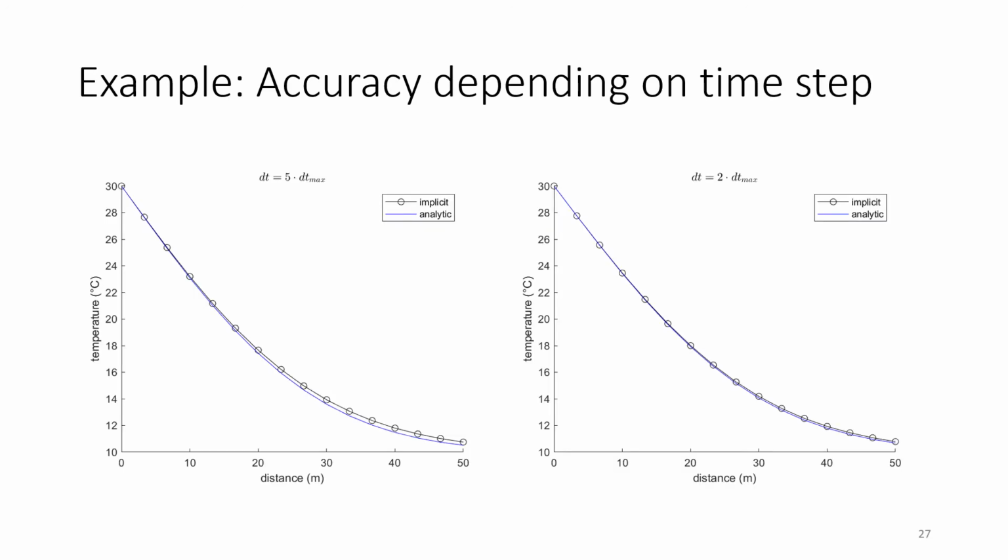So here you're seeing a bit of dependency of the accuracy on the time step. And I just used an implicit and an analytical solution. So it is stable, right? We don't need to worry about stability. And you see here, I took as a measure 5 times the stability criterion for an explicit solution. And you might say, well, okay, this is half a degree difference. That's fine for me. Maybe you say, well, but I have measurements in the laboratory which give me 0.1 degree accuracy.